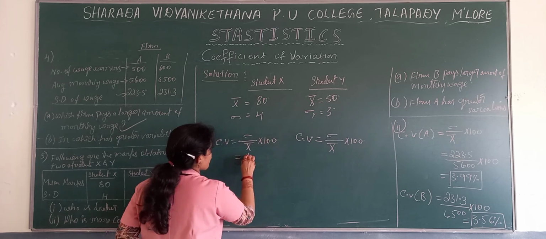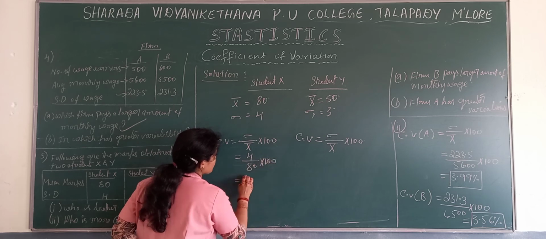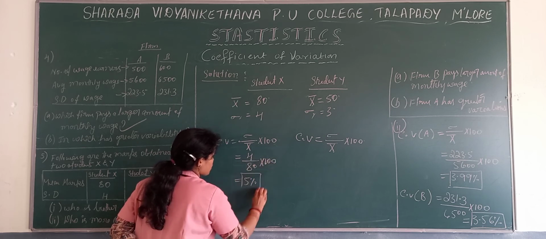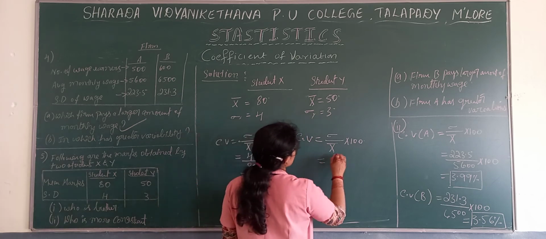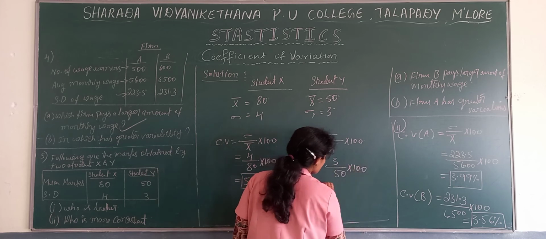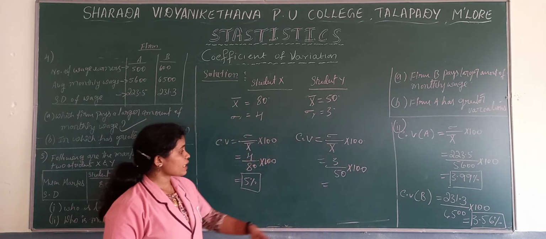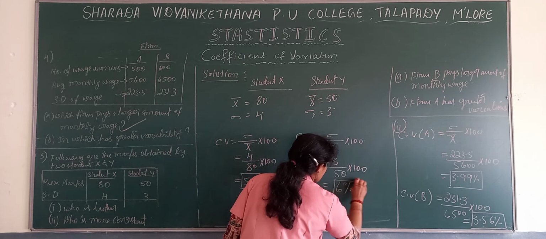So here it is 4 by 80 into 100, we get 5%. Then here standard deviation is 3 and mean is 50, into 100. When we calculate, here we get CV as 6%.